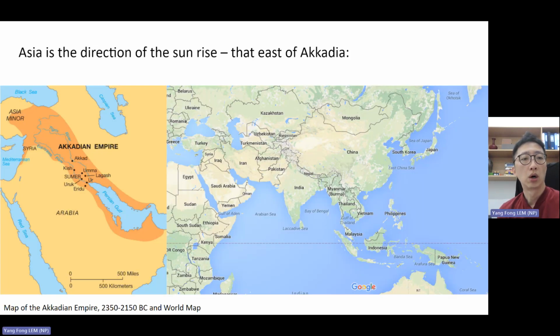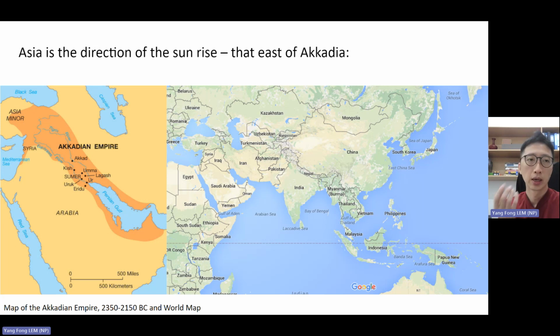Okay, the image on the left, this is the Akkadian Empire, which is 2315 BC, right? That's a long, long time ago. So it originates maybe around, in today's context, the Middle East, right? Arabia, Asia Minor, the Persian Gulf, surrounded by this area.